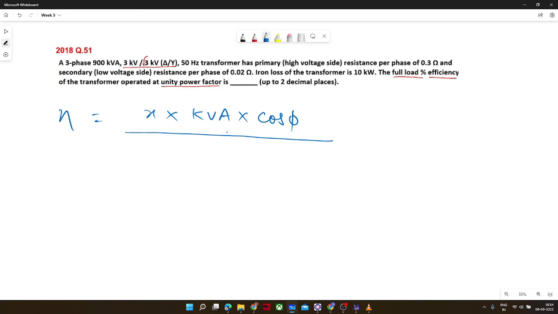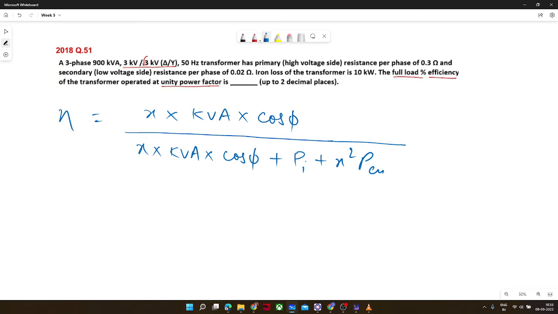This is the output. Anybody has any issue in this formula? I expect that you know this formula, output over output plus iron loss plus x square copper loss, because I cannot derive the formula right now. If you say, I may derive this formula in the next class. So for that purpose, I will move ahead with the formula only.